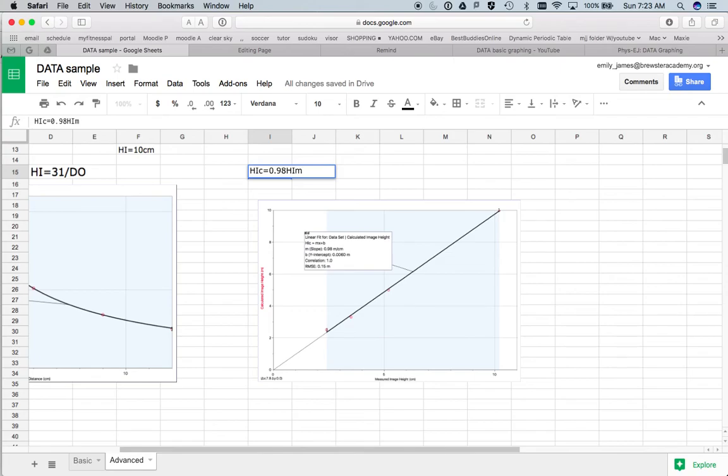And the y-intercept is so small, 0.006, I'm just going to ignore it. I'm going to bold that. I'm going to make it larger. Maybe I'm not going to bold it. Okay.